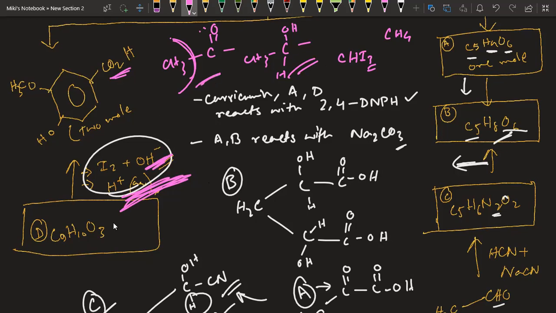Now let's see how many hydrogens and carbons we have. We have 1, 2, 3, 4, 5, 6, 7, 8 carbons. That means yes, the CH3 group was present there as well, because 9 carbons should be there.